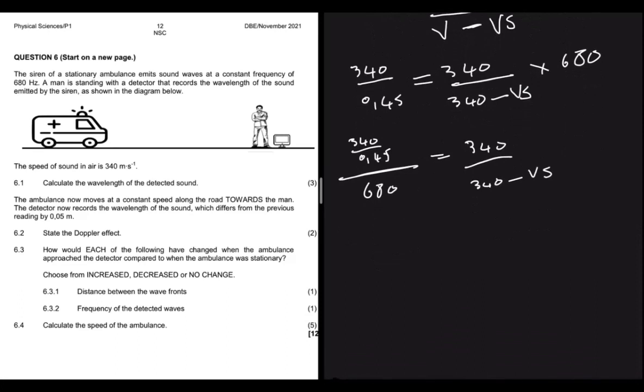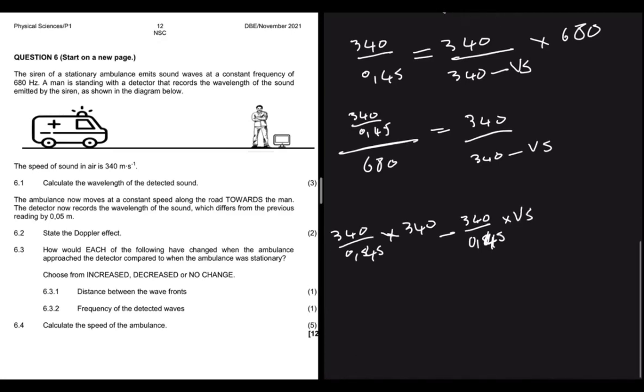I'll go ahead and cross multiply. I'll get 340 divided by 0.45 multiplied by 340, right? And then minus 340 divided by 0.45 multiplied by the velocity of the source, which equals 680 multiplied by 340.